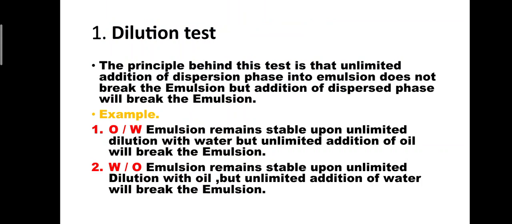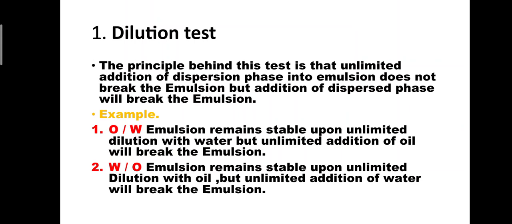Dilution test. The principle behind this test is that unlimited addition of the dispersion medium into the emulsion does not break the emulsion, but addition of the disperse phase will break the emulsion.